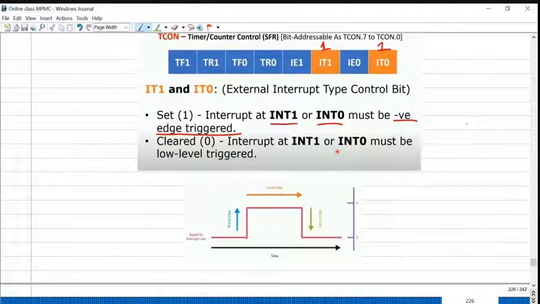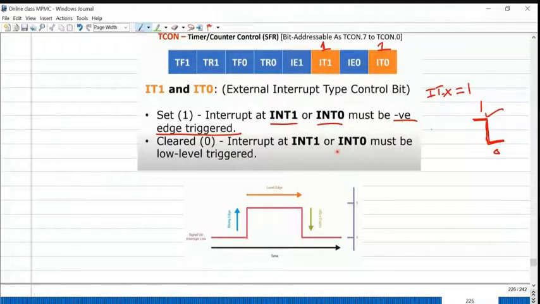Negative edge triggering means a transition from 1 to 0. If ITx is set, the controller recognizes the external interrupt input only when it changes from 1 to 0.